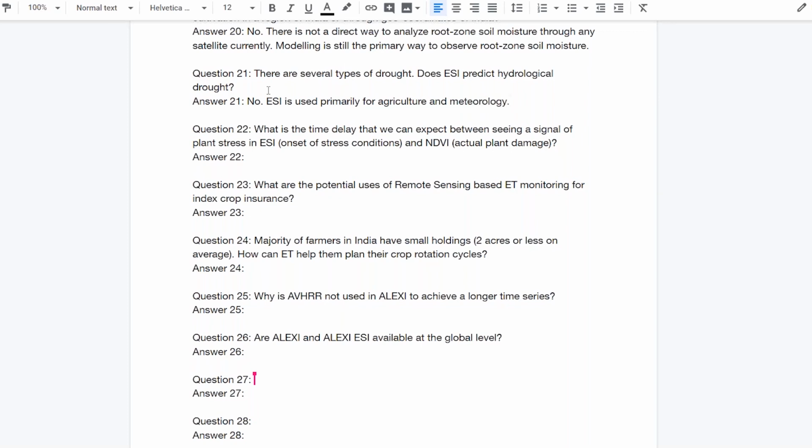Sometimes, if an area is exhibiting a long hydrological drought, we'll definitely see that in ESI in some sense, because sometimes the vegetation is feeling that change in deep root zone soil moisture.